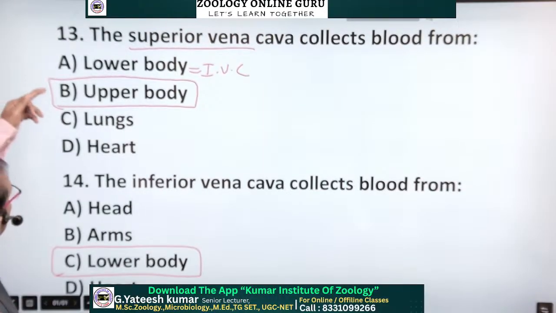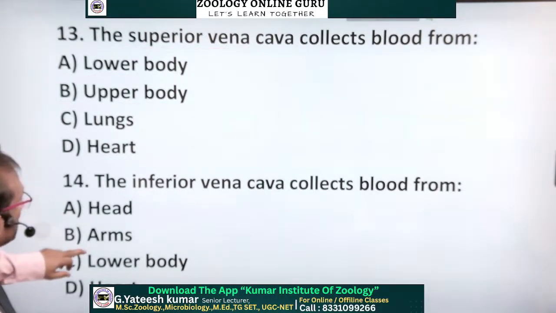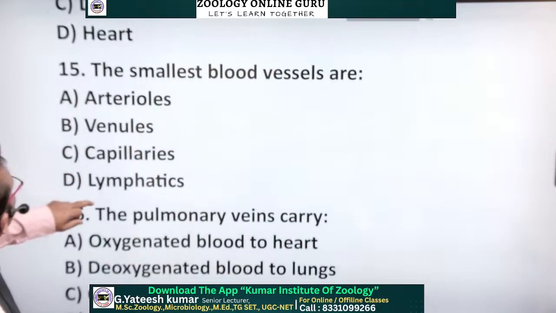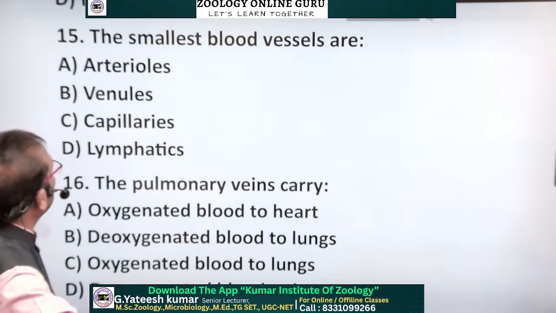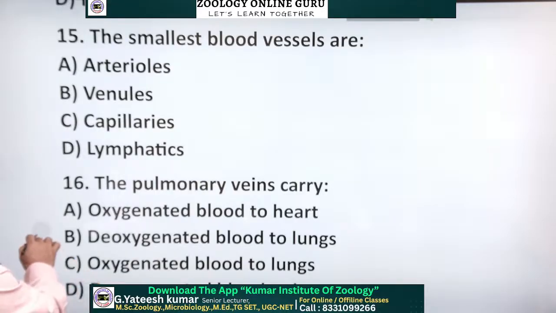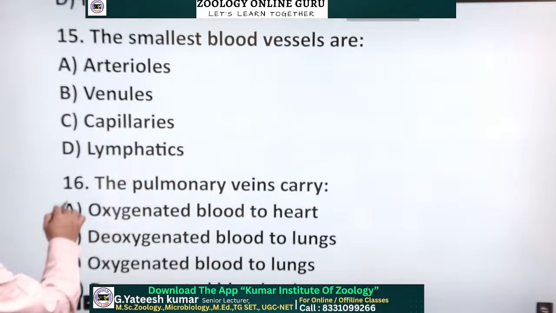Okay, so lower body parts, inferior vena cava. Question number 15. The smallest blood vessels are arterioles, venules, capillaries, lymphatics. So capillaries is given, and capillaries is the answer.